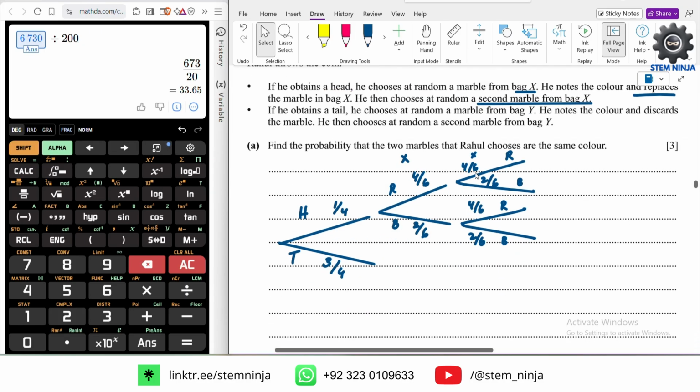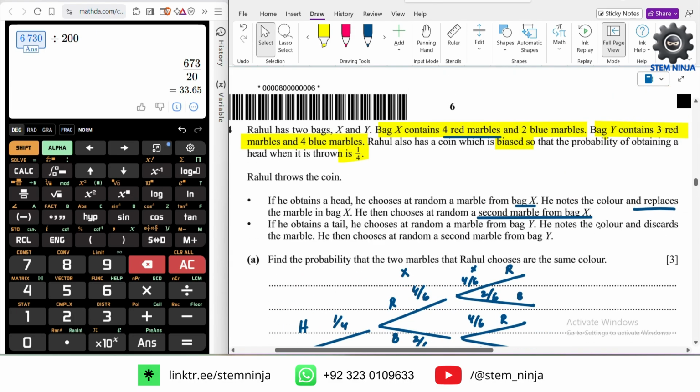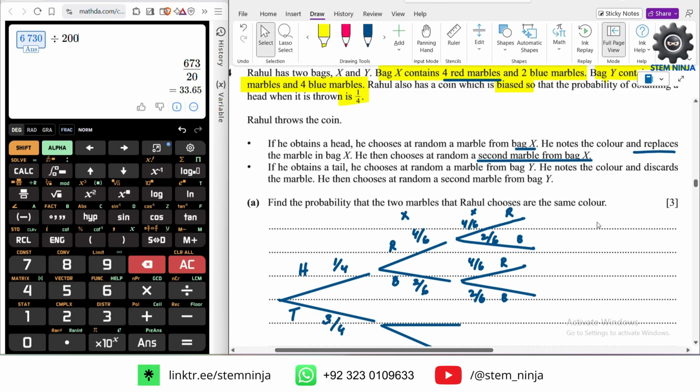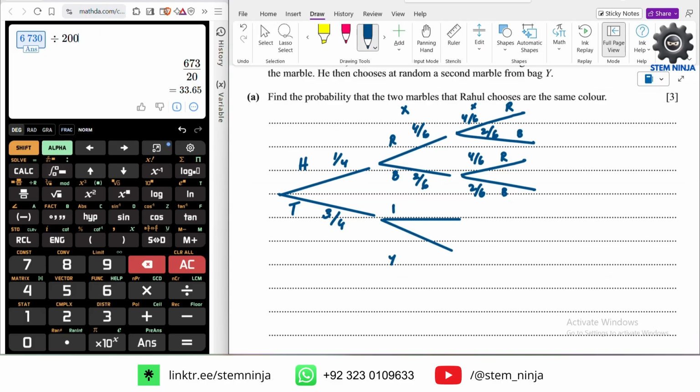If he obtains the tail, he chooses a random marble from bag Y. Now things will be different. Bag Y has 3 red marbles and 4 blue marbles, so red is 3/7, blue 4/7.